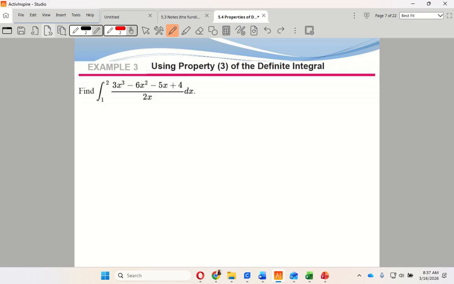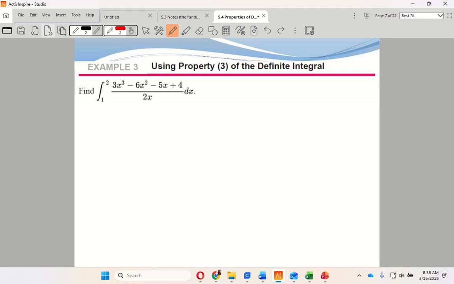Alrighty. So, example 3. This thing looks like a hot mess, doesn't it? I don't like it. So, I'm going to rewrite it. Right now, what is my common denominator? 2x. So, I'm going to rewrite it with a common denominator.